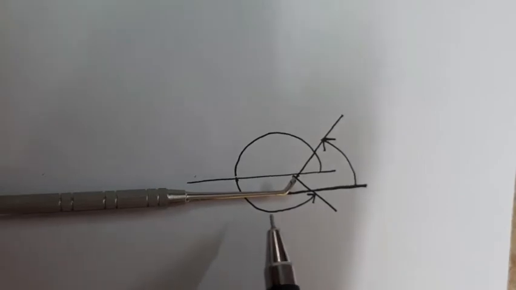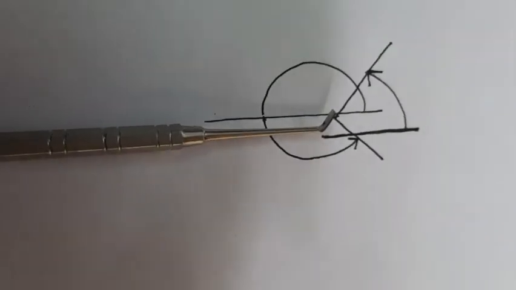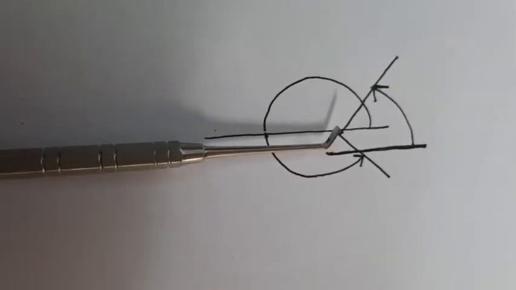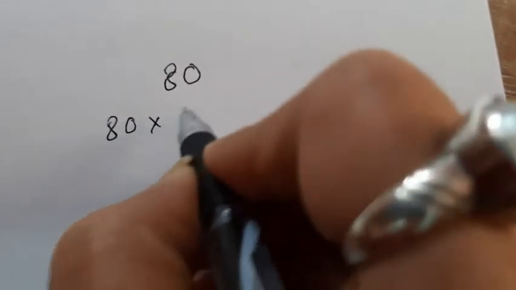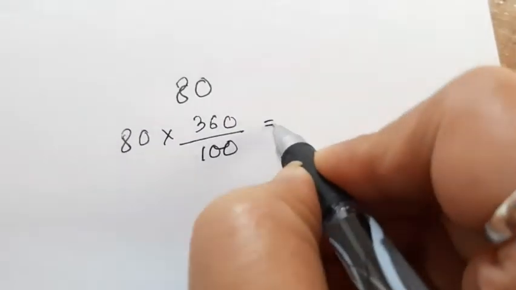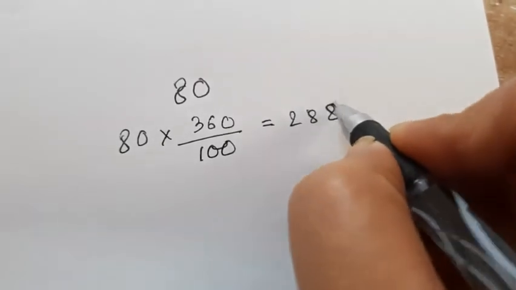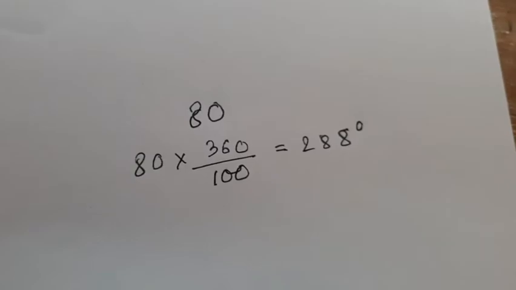This angle is the angle of the cutting edge, and this angle is given in hundredths of 360. That means if the number is written 80, it means the cutting edge angle will be 80 into 360 divided by 100. That will give you the actual angle of the cutting edge.